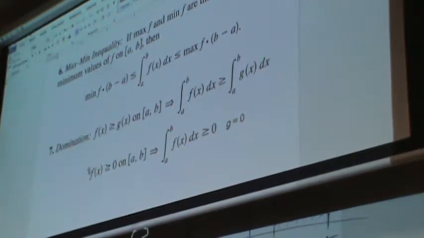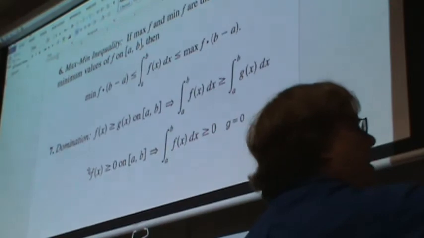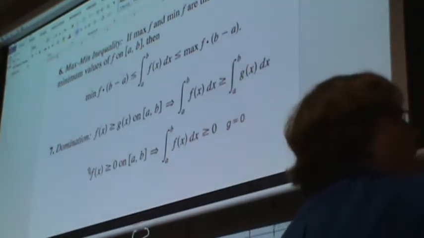Someone explain to us what domination is telling us about these integrals. Let me see if I can get someone besides Angie or Abigail. What is that telling me? You can explain it graphically if you like. Someone better raise their hand or I'm going to call on Kimberly.